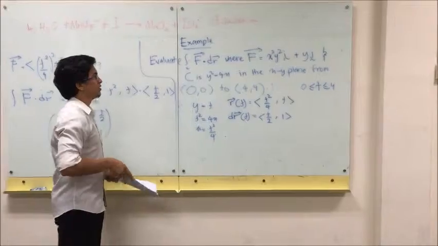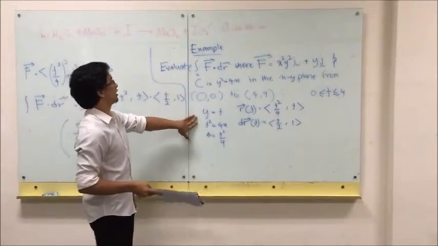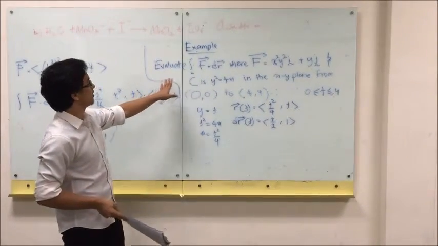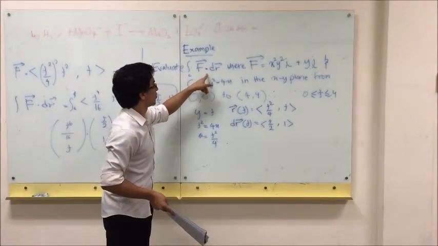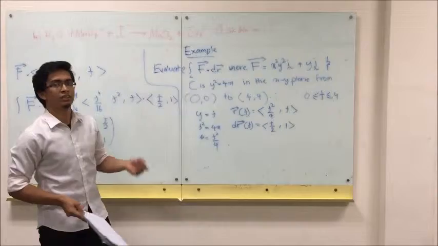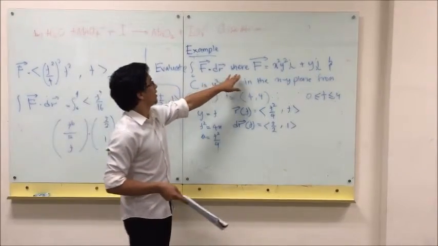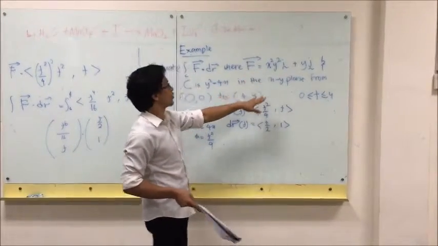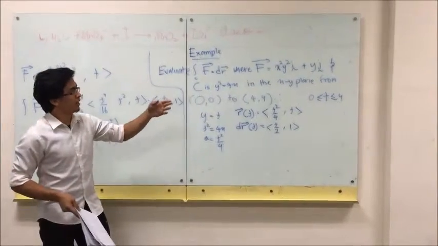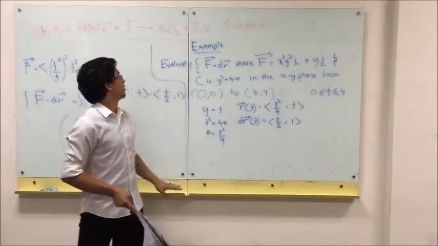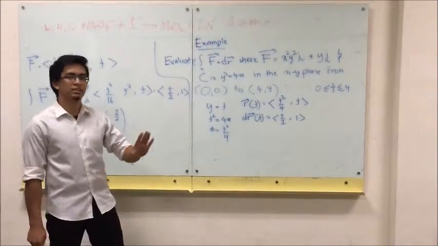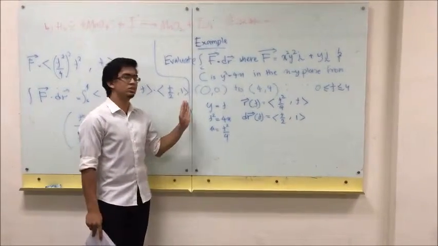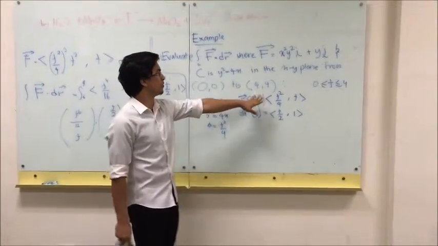Now let's look at an example after we have heard a lot of explanation. For a better view, let's look at the solution. Okay, first evaluate the integral of vector F dot product with the change of vector r, where vector F equals x squared, y squared plus y, and C is y squared equals 4x in the x and y plane from (0, 0) to (4, 4).